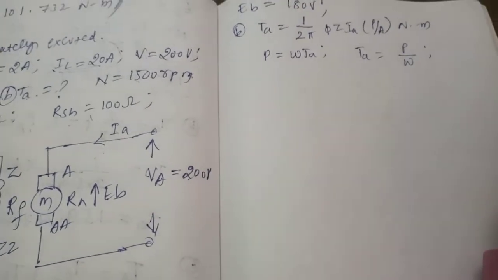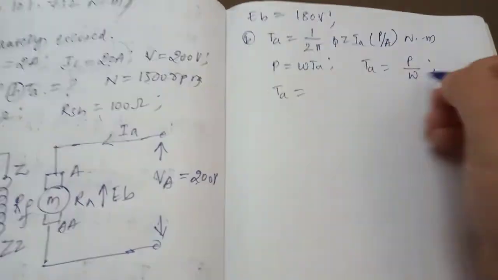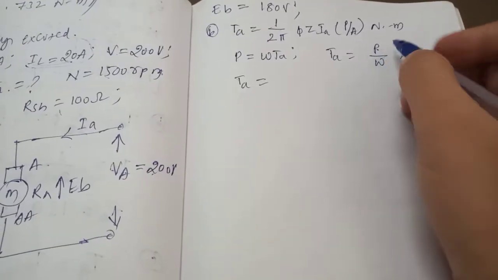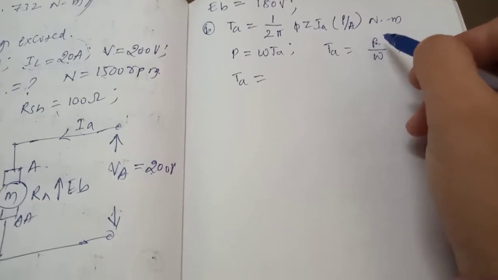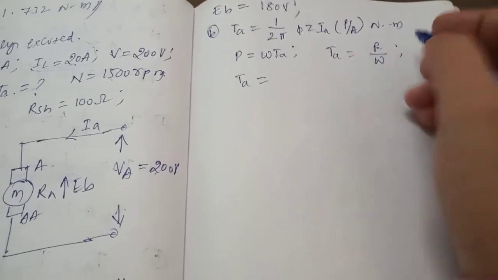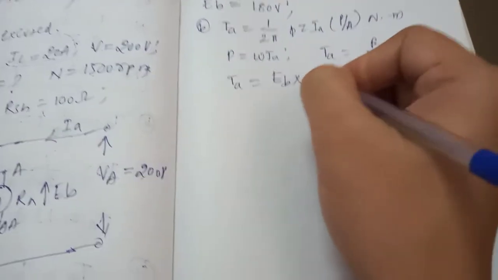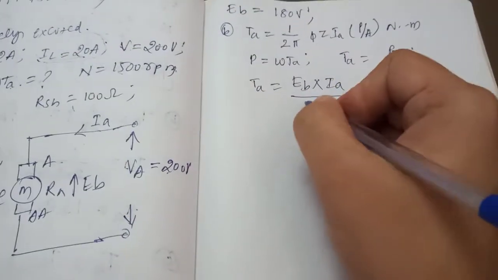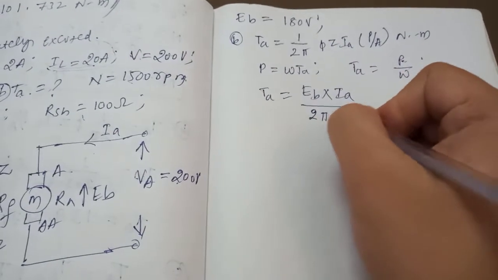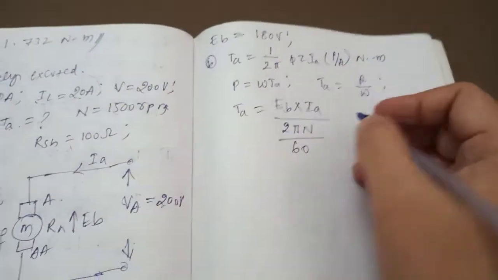This P is the mechanical power output, whose electrical equivalent is given by EB into IA, the product of back EMF and armature current, divided by omega. Omega is 2 pi n divided by 60.